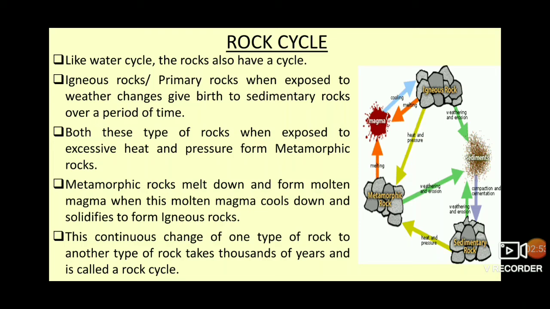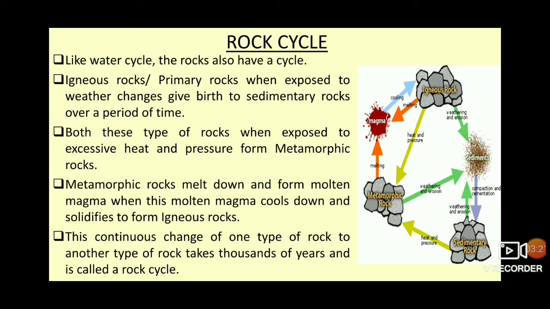So, the rock cycle operates in the following ways. Number 1, the hot and molten magma forms igneous rocks on cooling. Number 2, these igneous rocks are exposed to different agents of weathering and erosion on the Earth's surface. Number 3, the broken rock fragments, when transported and deposited in basins, form sedimentary rocks.